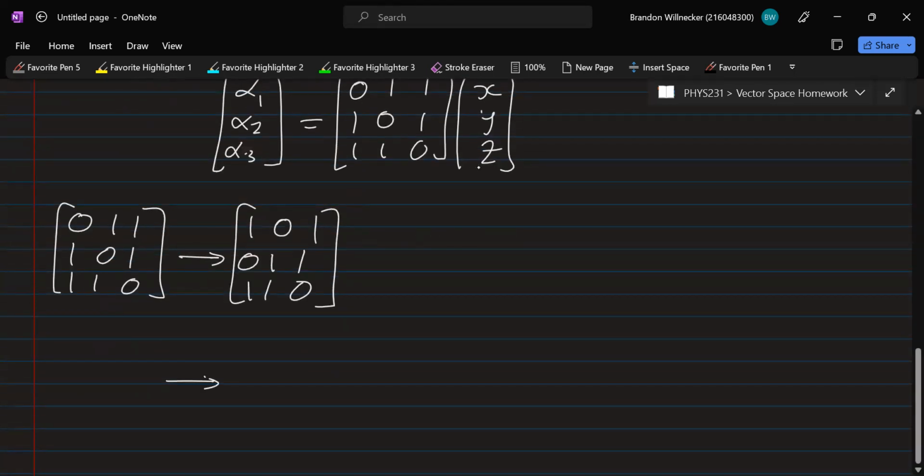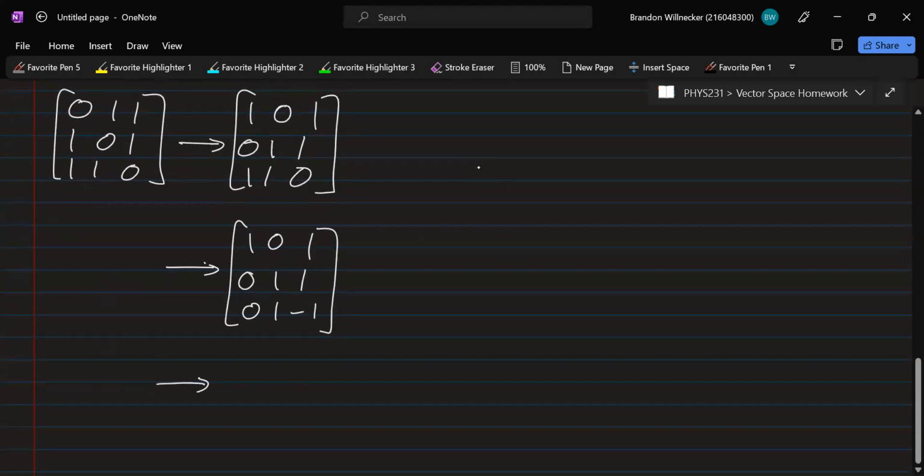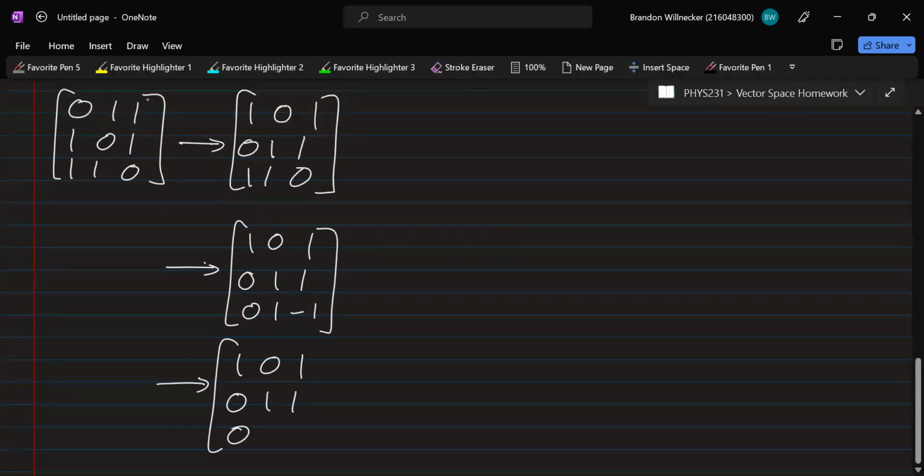Then we can clear that last row of its first 1 there by subtracting the first row. So we're going to get 1, 0, 1, 0, 1, 1, 0, 1, minus 1. We can clear the second 1 in the last row by subtracting the second row. Sorry, so it's going to be 0, 0, minus 2.